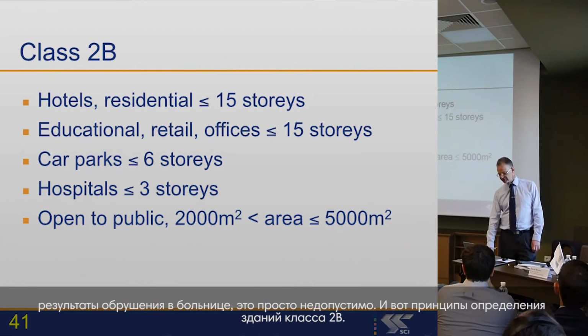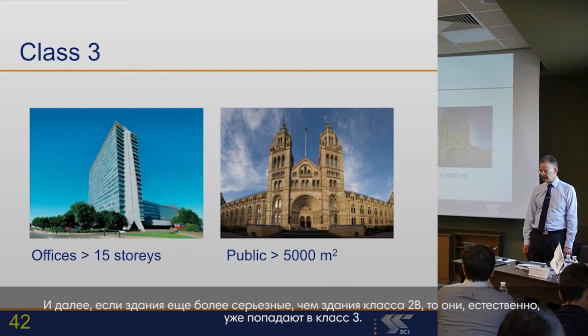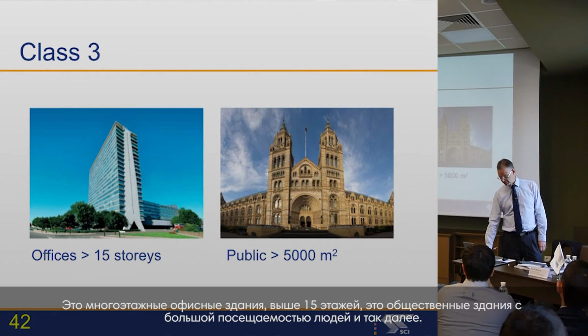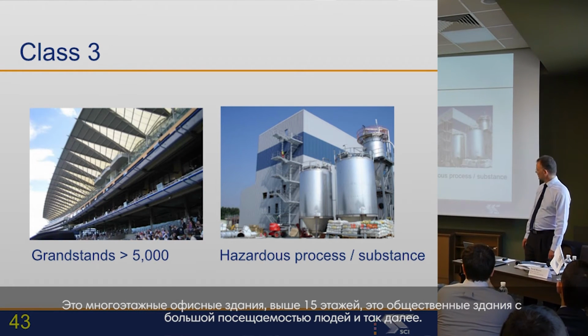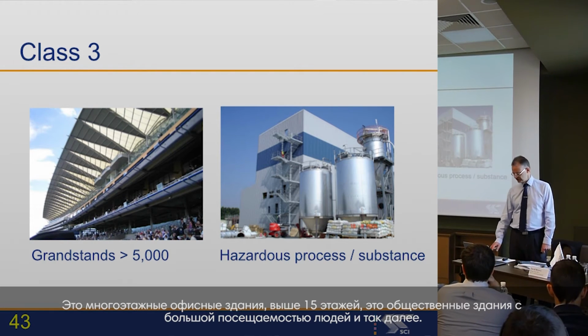And those are the descriptions of class 2B. And if any structure is more serious than a class 2B, then it will fall into a class 3. So very tall multi-storey offices, public places on the left here where lots of people go, or on the right, hazardous processes.